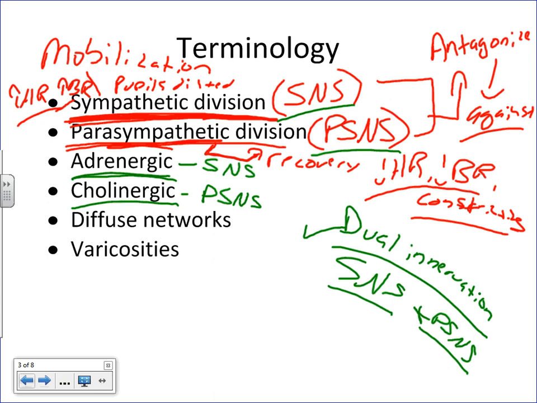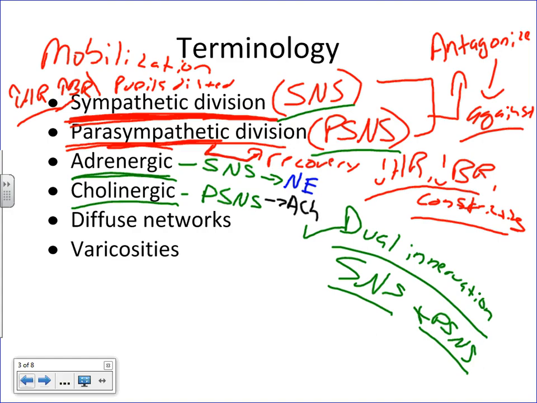Now basically, when we're saying adrenergic, we're saying that the neurotransmitter norepinephrine is what's responsible here. Then when we're talking about the parasympathetic nervous system, we're talking about the neurotransmitter acetylcholine.